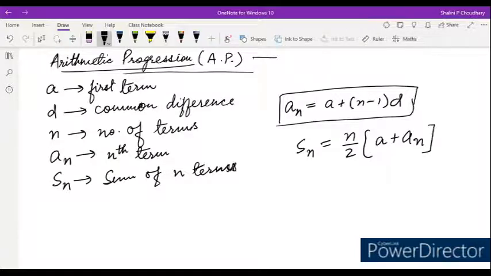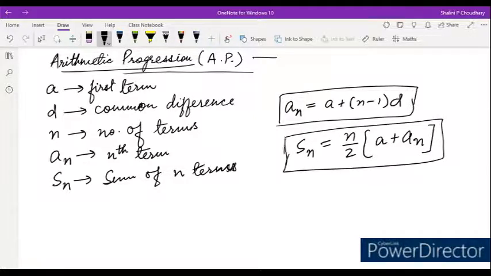And we have to find the sum of n terms. If we know the first and last term, we can write it that way. Otherwise there is one more formula we can use, that is n upon 2 times (2a plus (n minus 1) d).